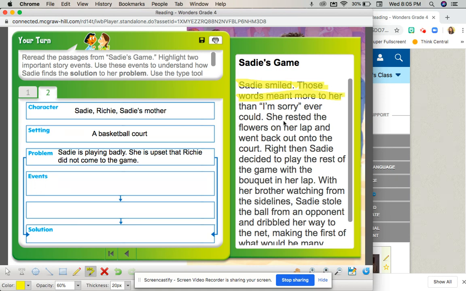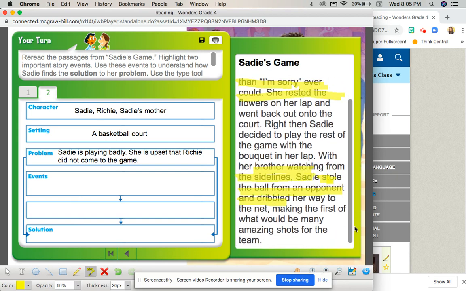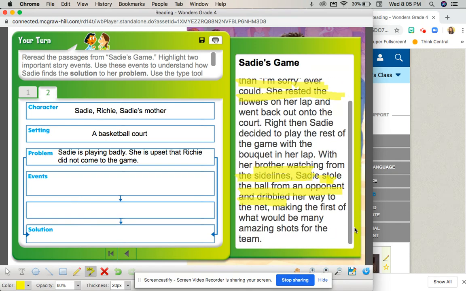I know that she had the bouquet on her lap as she played the game. She knew that her brother was watching on the sidelines. And I know that she was able to make amazing shots for her team. So those are all details that I want to put for my second event.